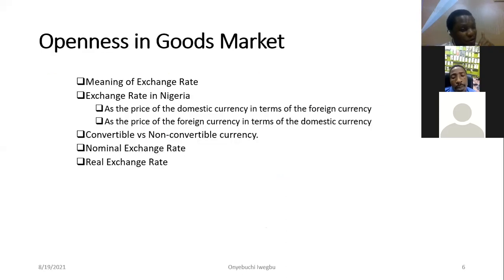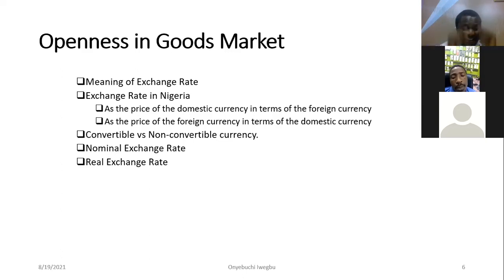Remember, we have taken a position that we are looking at the price of the foreign currency. Sorry, I'm going to reverse my decision before. We're looking at the price of the foreign currency in terms of the domestic currency.